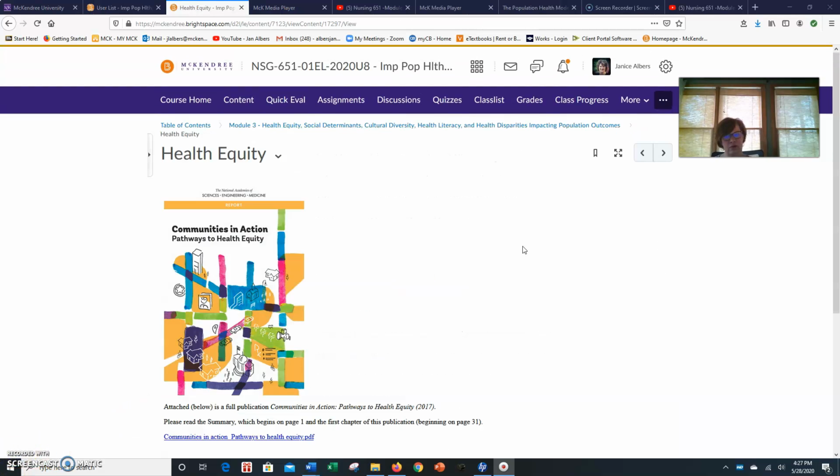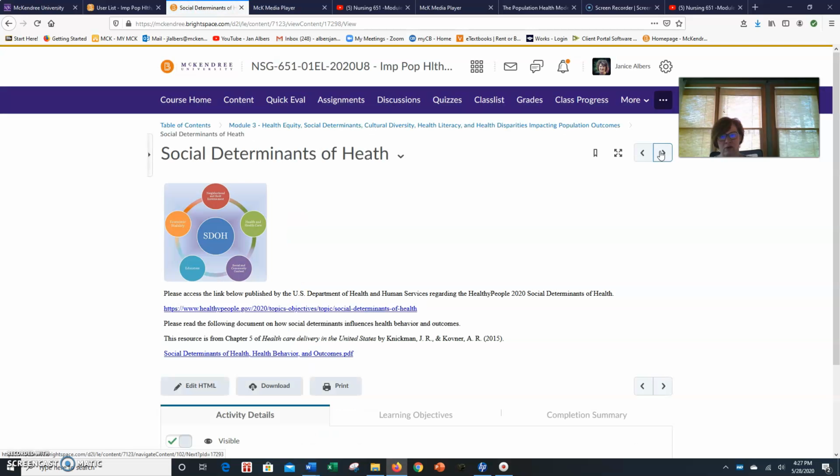So we're starting out with a helpful resource on health equity, and please take a look at this particular resource and read the summary, which begins on page 1 and the first chapter in this publication. I think you'll find it to be very helpful. As we move on, we'll go into the model as far as the social determinants of health.